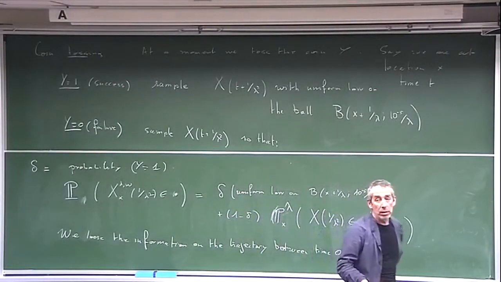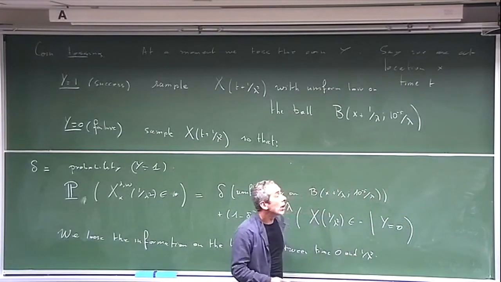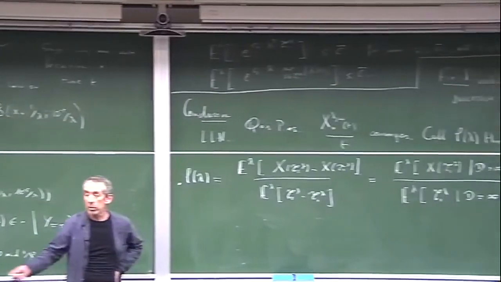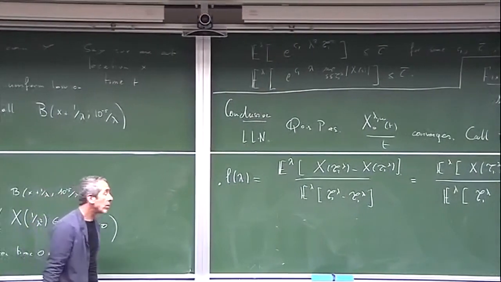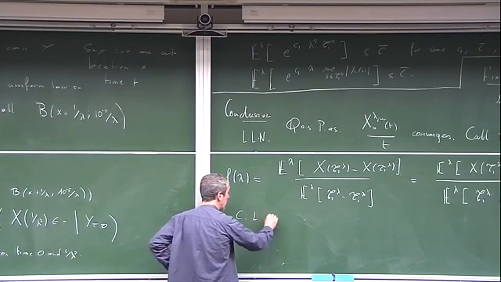Now we can get more from that, because we have a powerful way to compare the position of the diffusion with the sum of i.i.d. random variables, for which we have all kinds of estimates. So we also get from that a CLT.